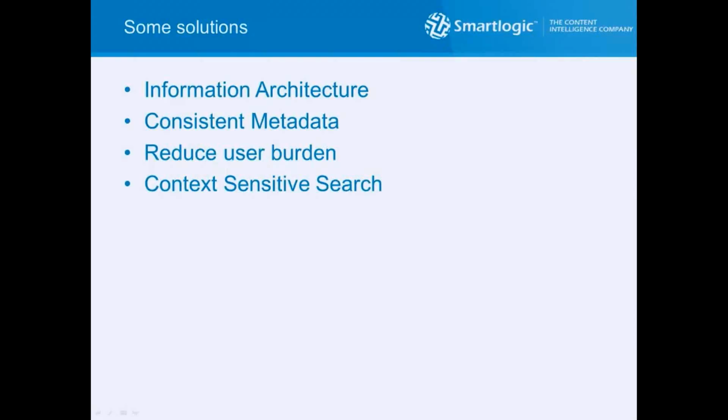The difference between Alice and Bob is context, and there's just no way to allow for context in a Google-like search experience. Google, Bing, etc. are all one size fits all, and that just can't work in the enterprise environment. We need to build context-sensitive search experiences to help our users get to the stuff that they need quickly.